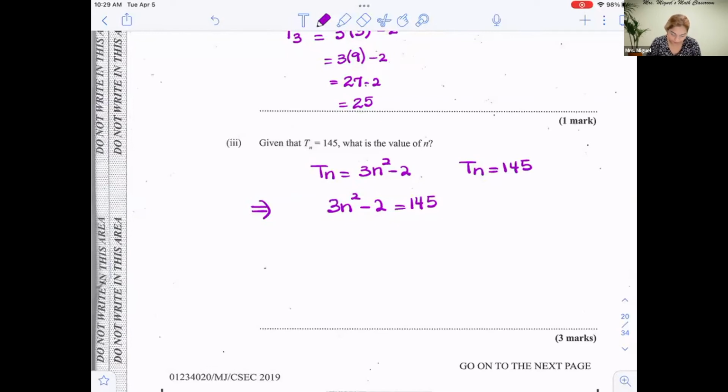All right, let's go. So if I move this across here, 3n squared is equal to 145 plus 2, which is 147. So 3n squared is 147.